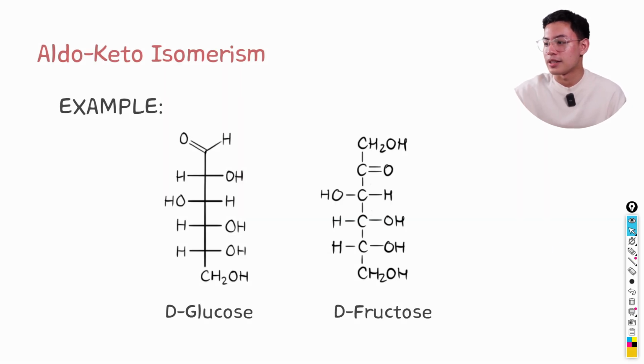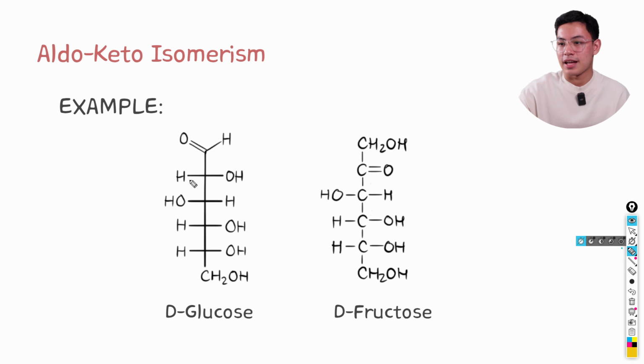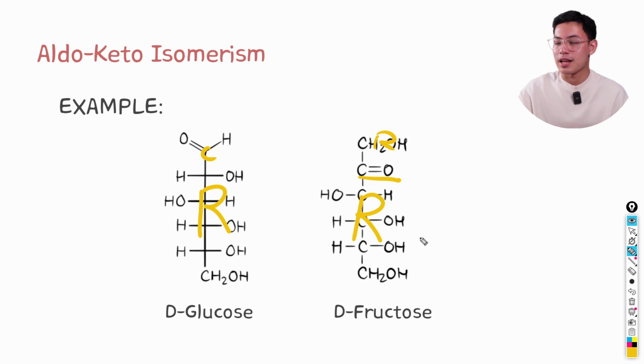D-glucose is an aldose because it has an aldehyde group of R-C-H-O. Fructose, on the other hand, is a ketose because it has a functional group of R-C double bond O-R. Glucose has an aldehyde group. Fructose has a ketone group.